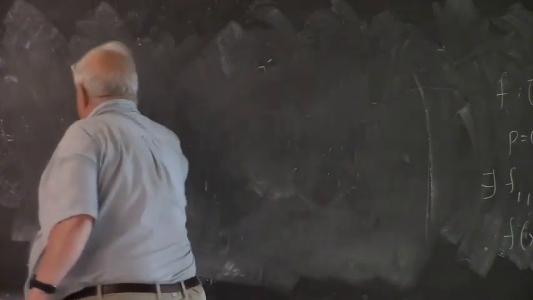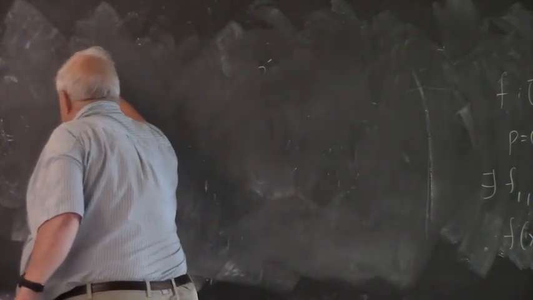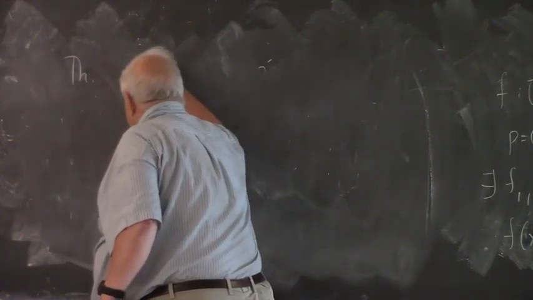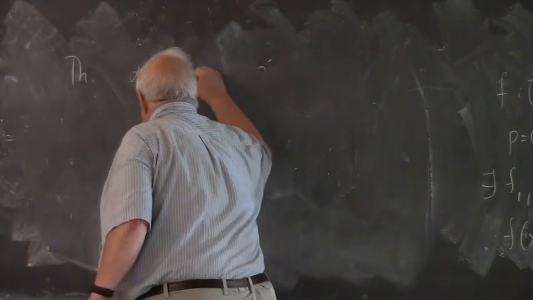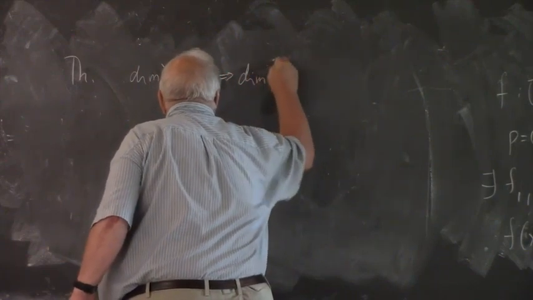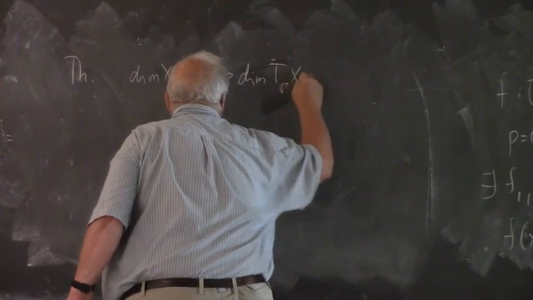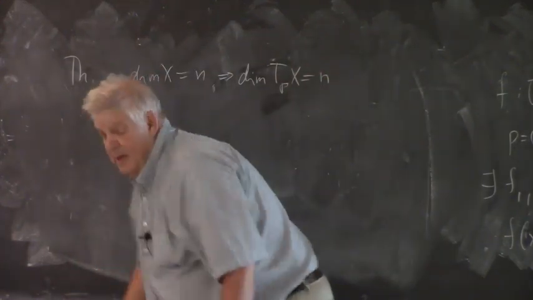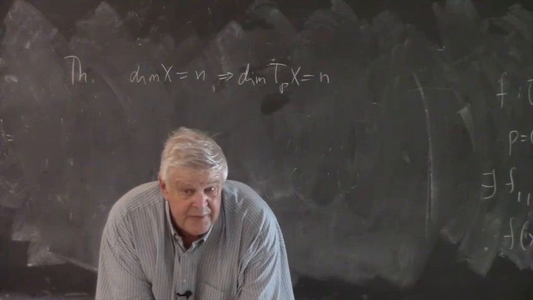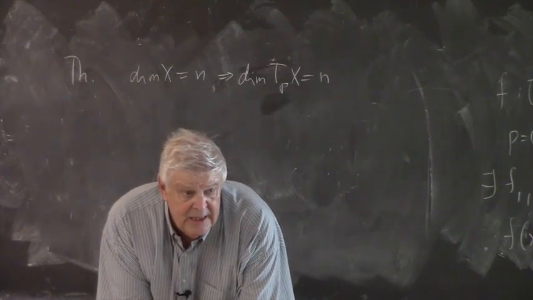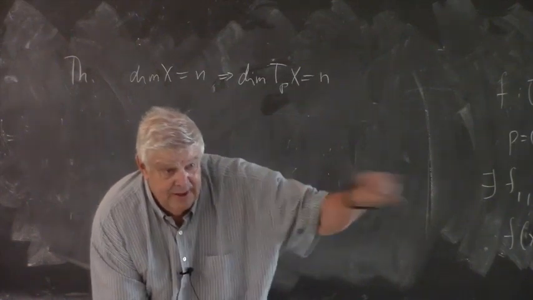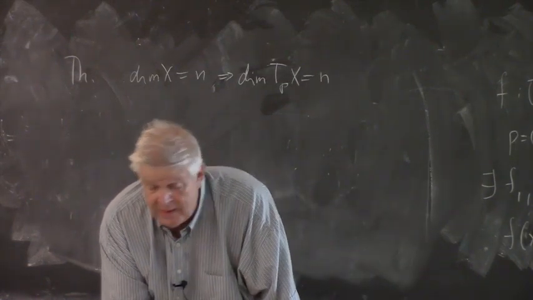My claim, a theorem, but actually I will prove more, is that if the dimension of X is n, then the dimension of TpX is also n. X is a manifold, TpX is a vector space, both have dimensions. I say that I will do more because I will provide a basis in this space, and then we just will count the number of vectors in this basis.